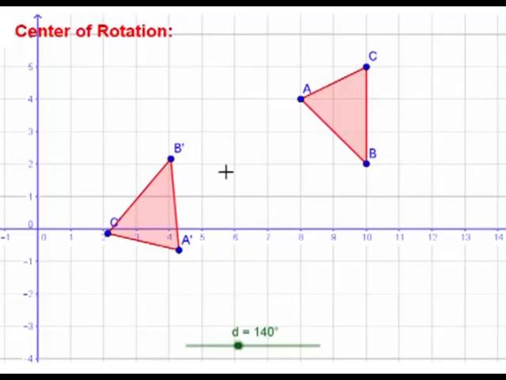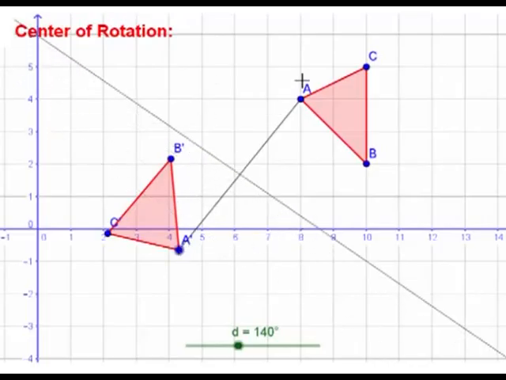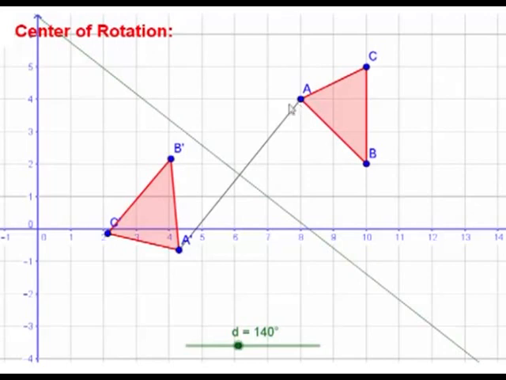When you want to find the center of rotation, first thing you do is connect any 2 corresponding points, like A and A prime, and then draw a perpendicular bisector of that line. We do the same for one other pair, like B and B prime.